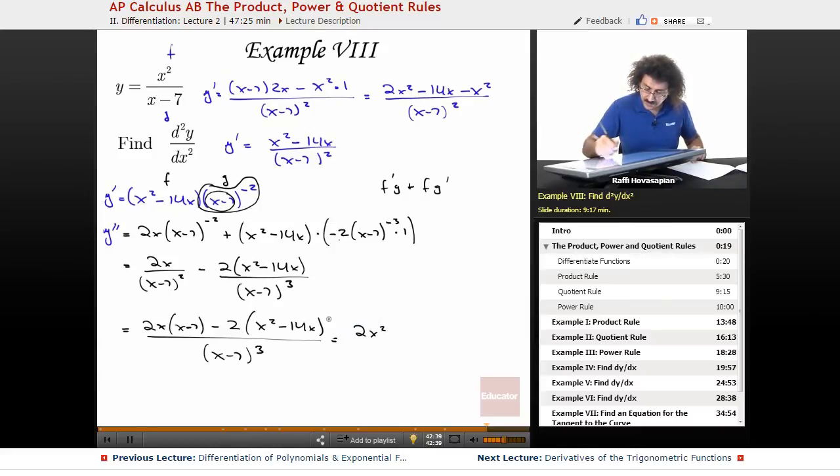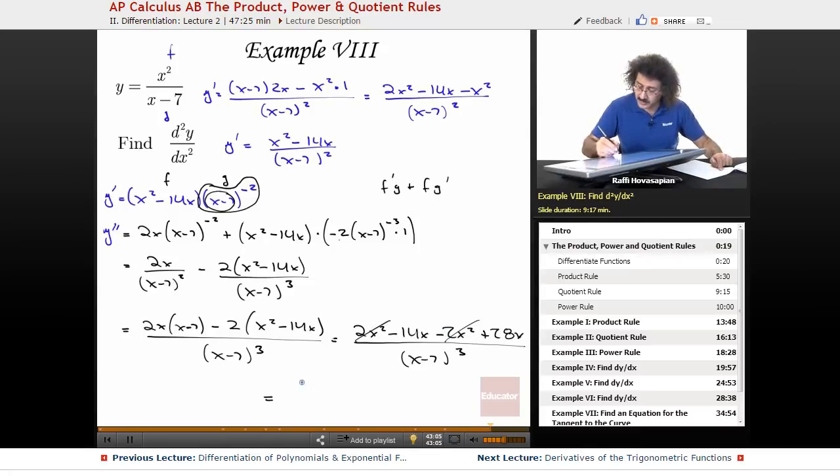2x squared minus 14x minus 2x squared plus 28x, over x minus 7 cubed. 2x squared minus 2x squared, they go away.